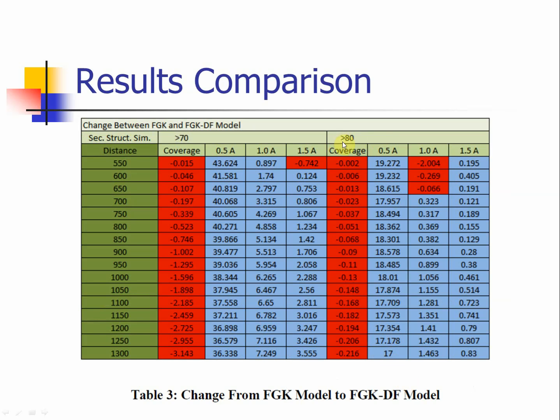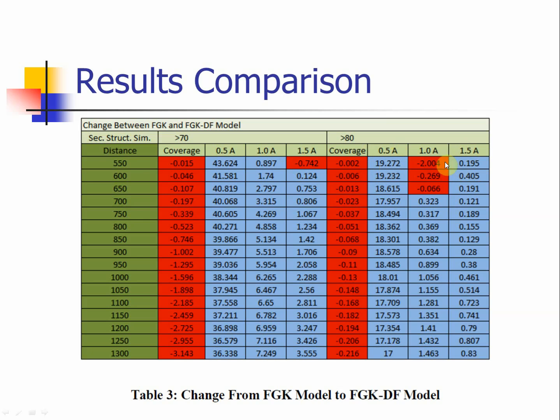So you can see that by using the FGK decision forest model, the coverage drops a little bit. It's not a lot, so you can see that for a distance of 550, it's only like 0.002% reduced, but the accuracy wise increases quite a lot. For 0.5 Angstrom, predictions is actually increased about almost 20% of the accuracy.